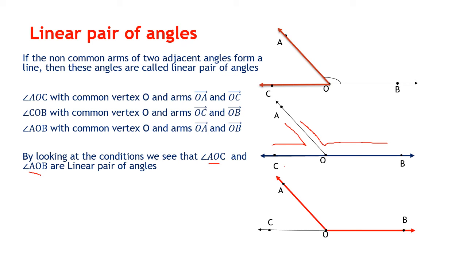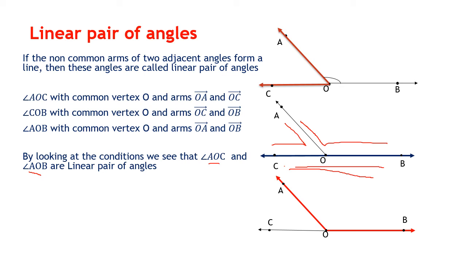Because the non-common arms make a straight line. So they are also called a linear pair. So these are adjacent angles also and linear pair also. So you have to remember, all linear pairs are adjacent, but all adjacent are not linear pairs. Why are all adjacents not linear pairs? Because their non-common arms do not make a straight line. Only when the non-common arms make a straight line, you can call it a linear pair.